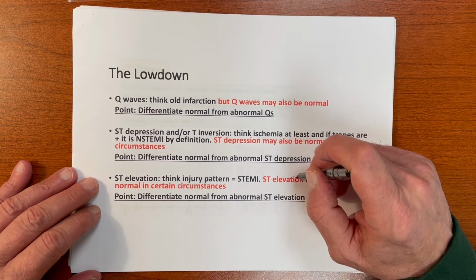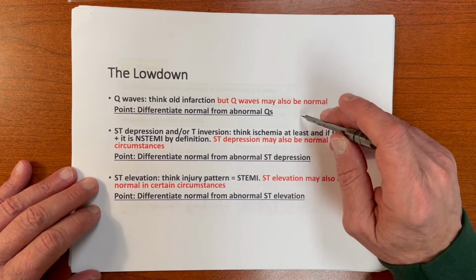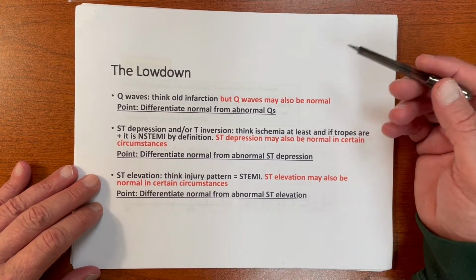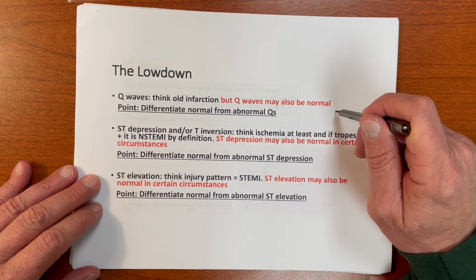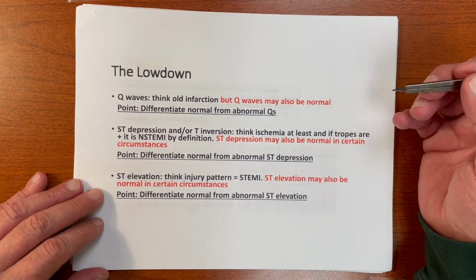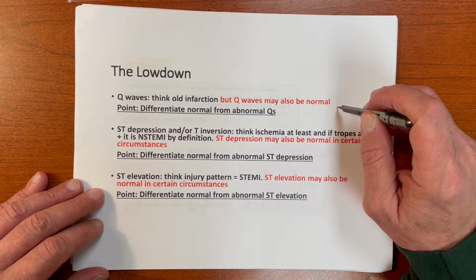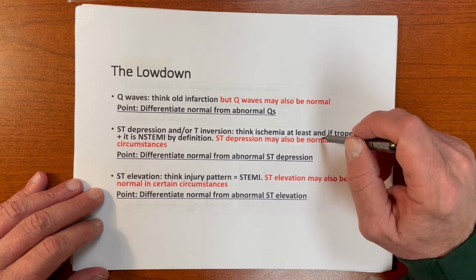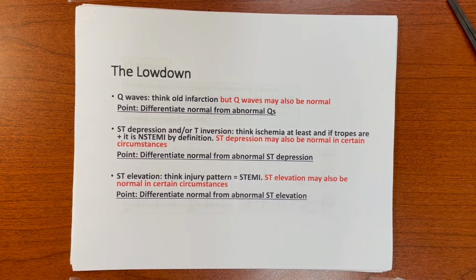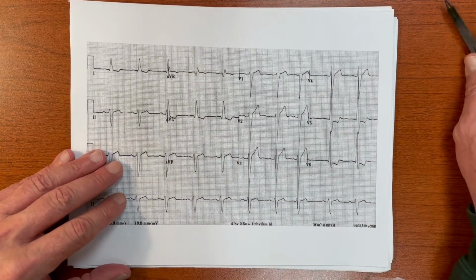findings. Okay, and I bring this up for a point because I do this when I'm on wards, I'll ask everybody in the room, so what do you think about Q waves? And they always would say it means scar, it means old infarction. No, Q waves can actually be normal. ST segment depression or T wave inversion, well, they can be normal depending on what the underlying cardiac issue is. For example, we just finished with LVH, right?